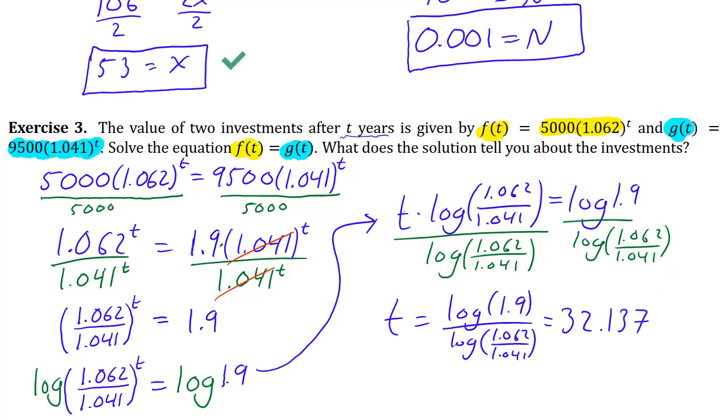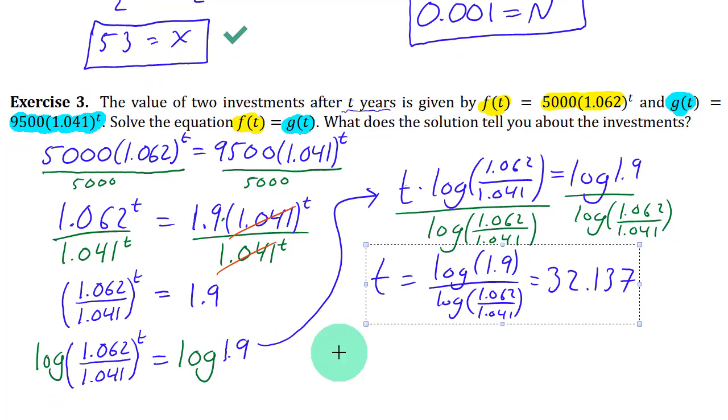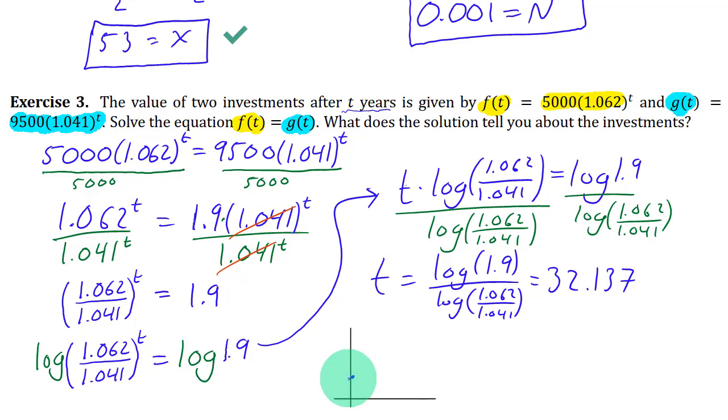So you could draw a picture of the situation, a super rough sketch. It would look like this. So one starting here at 5,000. The other one starting with almost twice as much. But the one with 5,000 has a bigger interest rate.